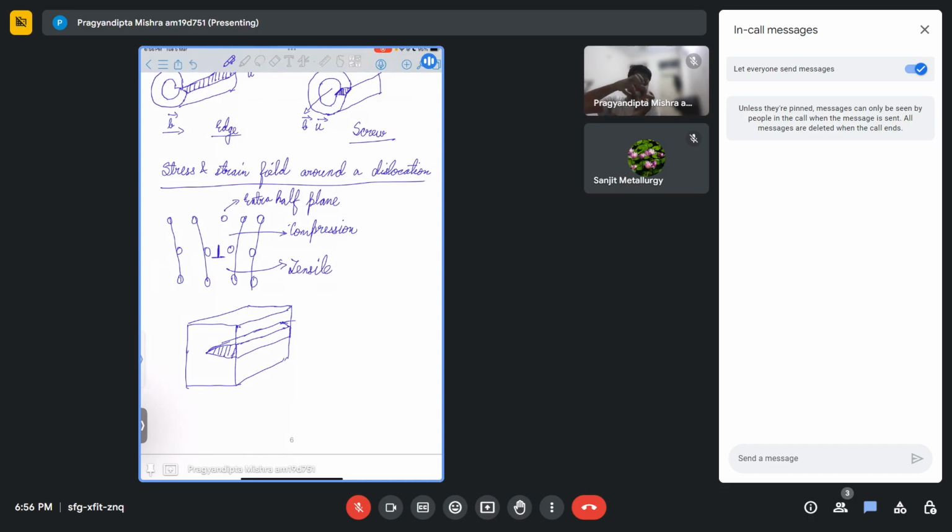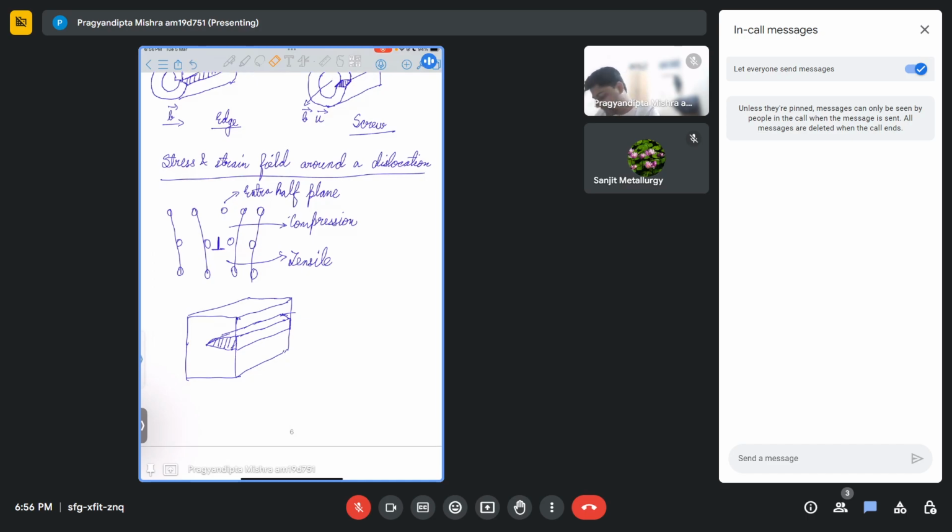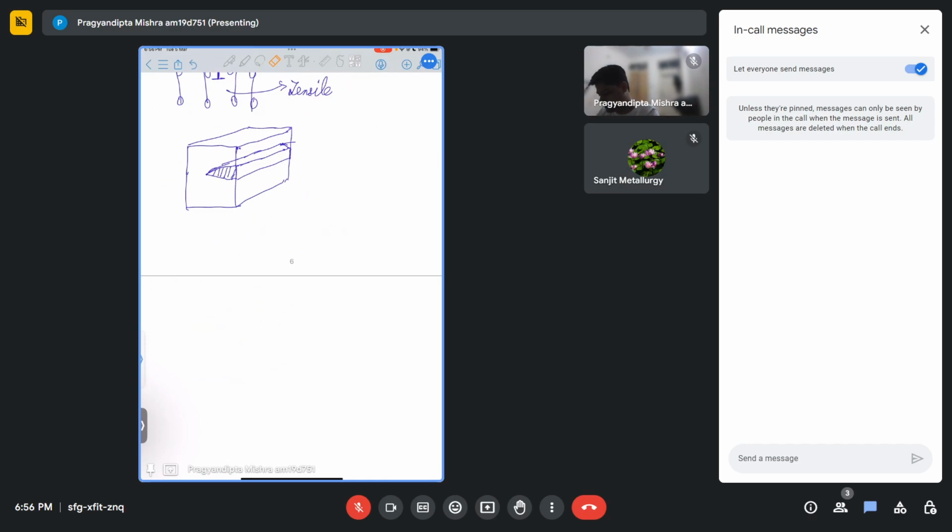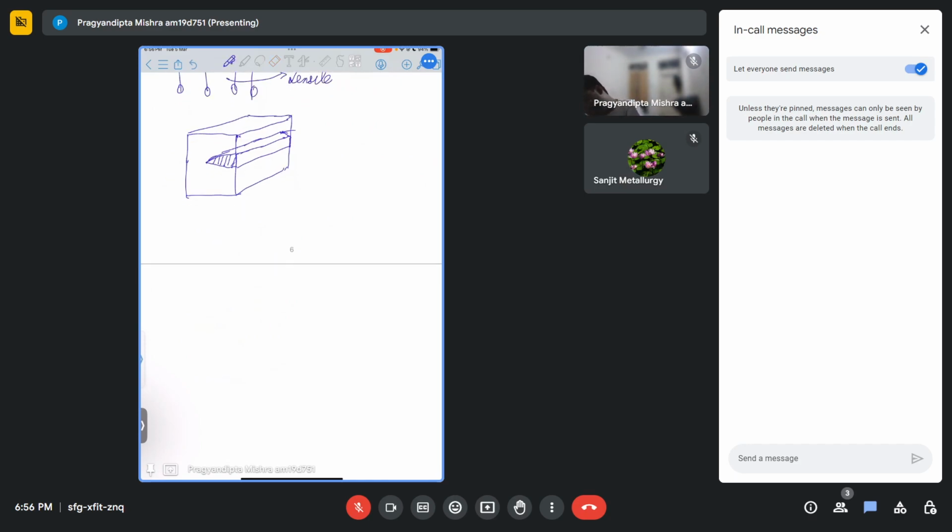In a screw dislocation, you are seeing a shearing kind of motion. So this shearing will cause some sort of deformation in the material, and that shearing is stored in the material as a form of stress. What kind of stress and what kind of deformation is what we will try to find out. What kind of fields are associated with this dislocation is what we are trying to find out here. So let's start with the screw dislocation. Let me just write it out.